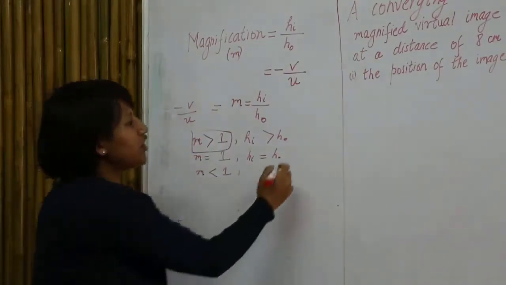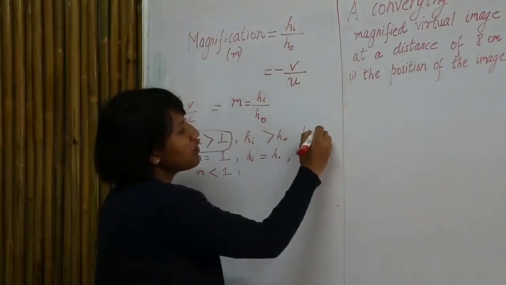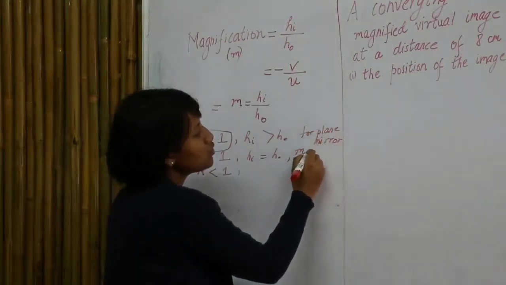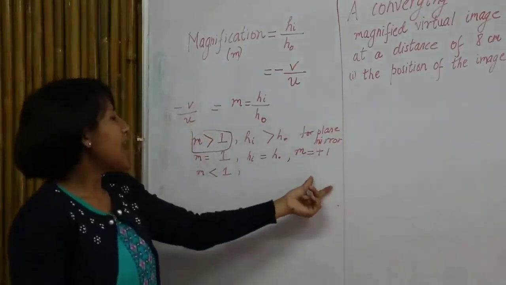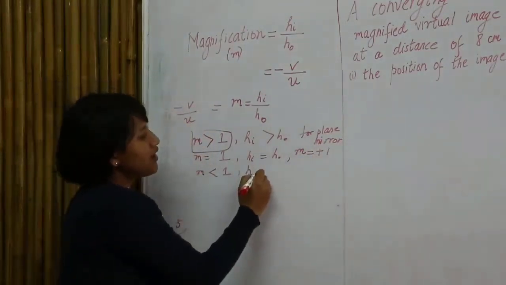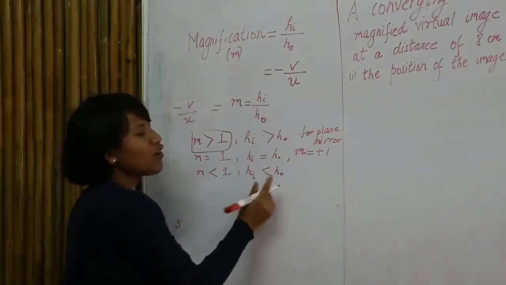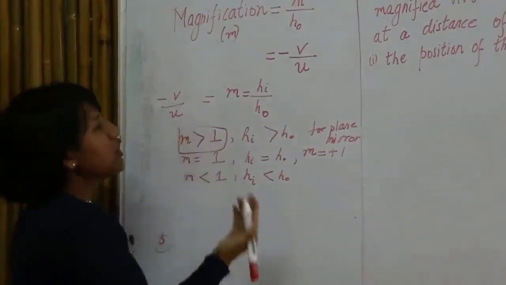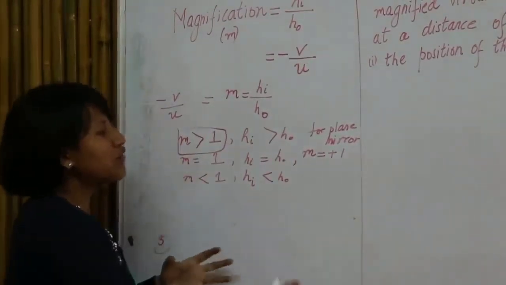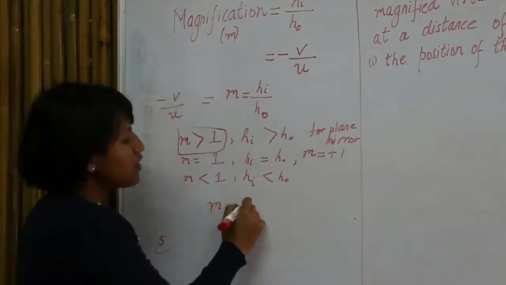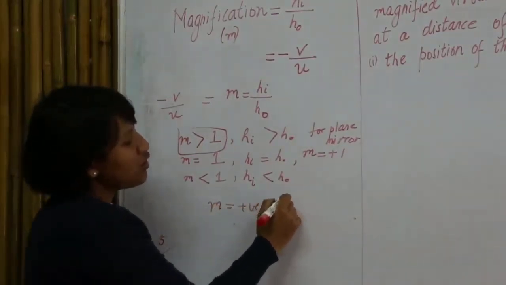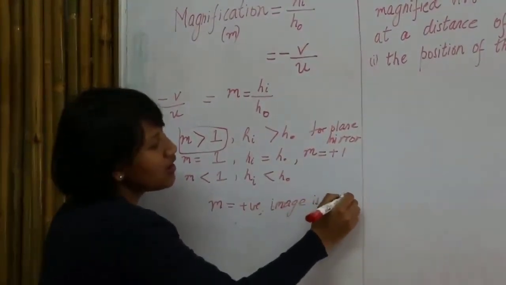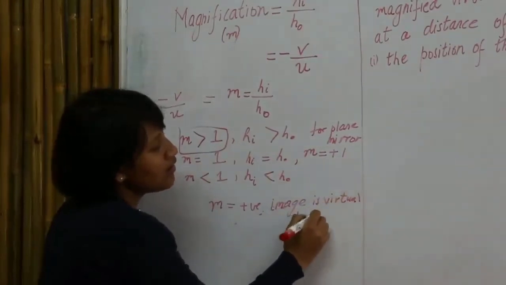That's why for a plane mirror, very important, m is equal to +1. And when m is less than 1, the size of the object is quite big compared to the image. What can we learn from the magnification is that if m is positive, the image is virtual and erect.